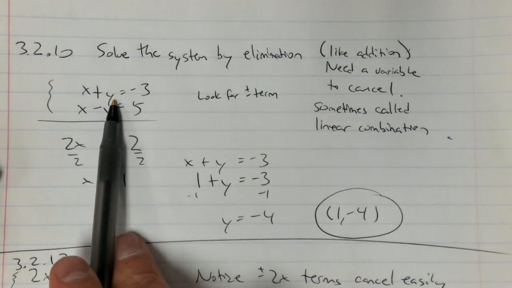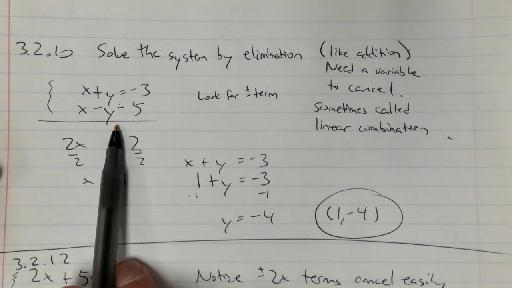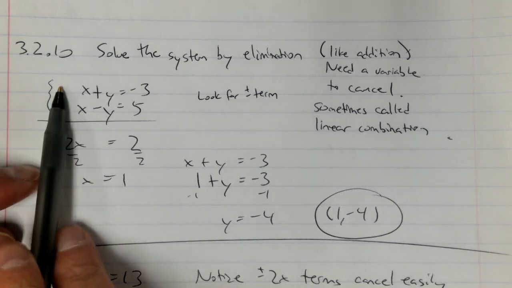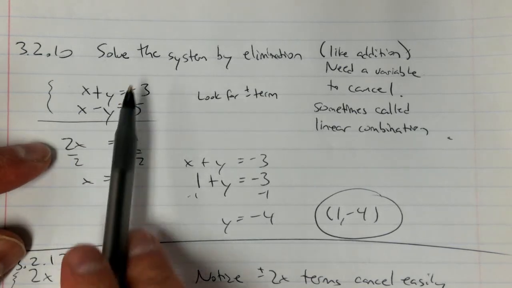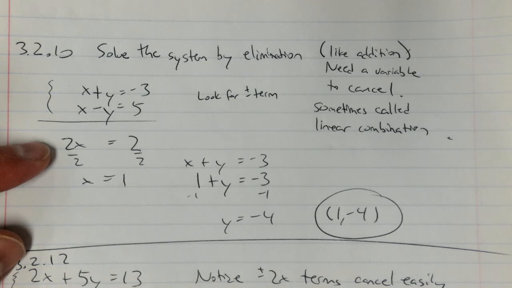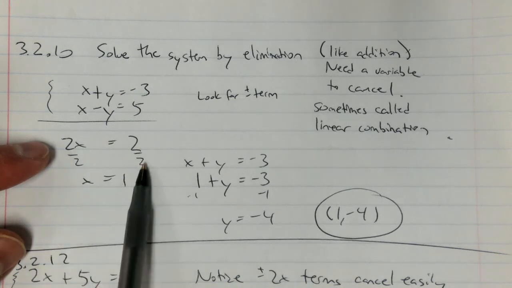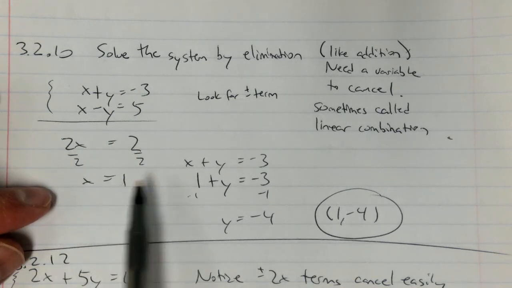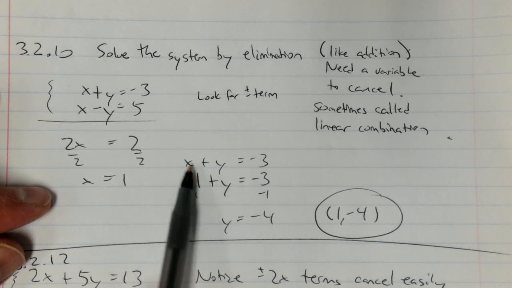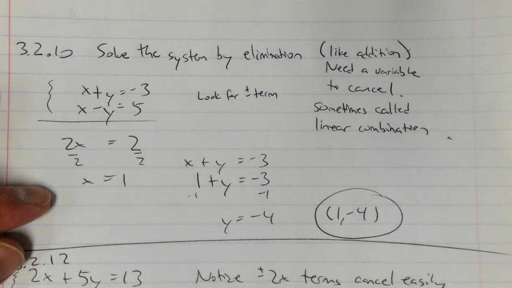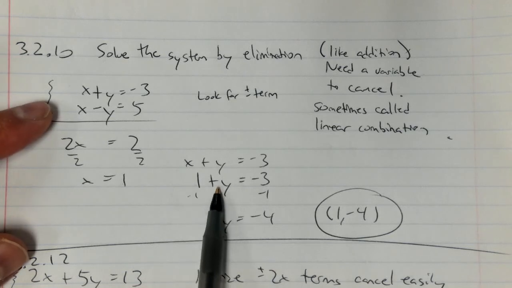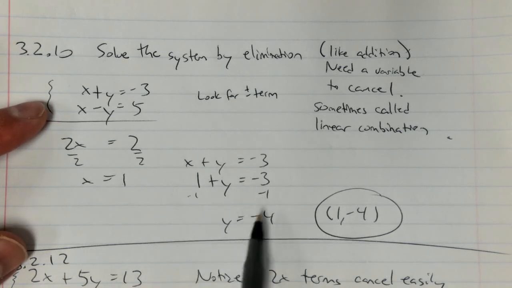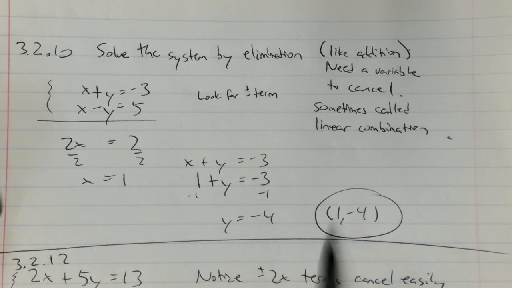So like in this case, plus y minus y, that cancels. So then x plus x is 2x, negative 3 plus 5 is 2, then you divide by 2 and you get 1. And then you plug it in. I just chose the addition equation. It would have worked for both. 1 plus y equal negative 3, then you subtract 1 and get negative 4. So you have 1 comma negative 4.